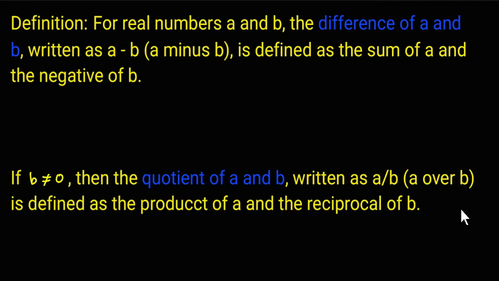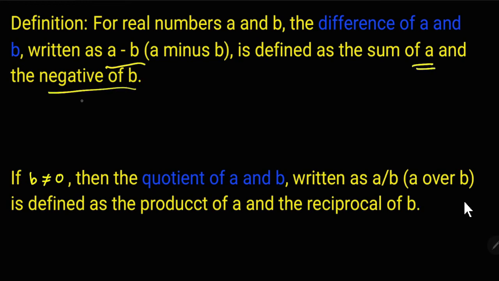Recall that in the set of real numbers, we also have two more operations, the difference and the quotient of two real numbers. So for real numbers a and b, the difference of a and b, which is usually read as a minus b, is defined as the sum of a and the negative of b.